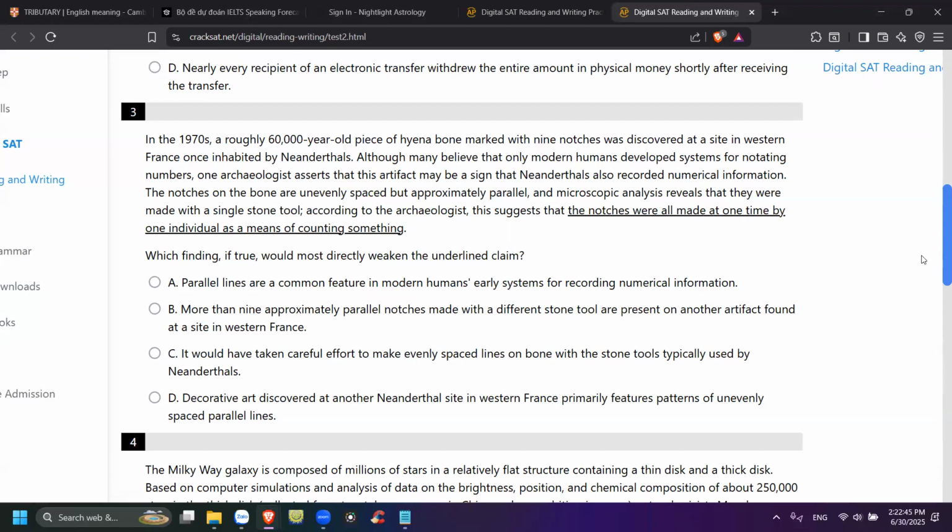It's another question where it weakens. I'm reading the options. It's made one time by one individual.